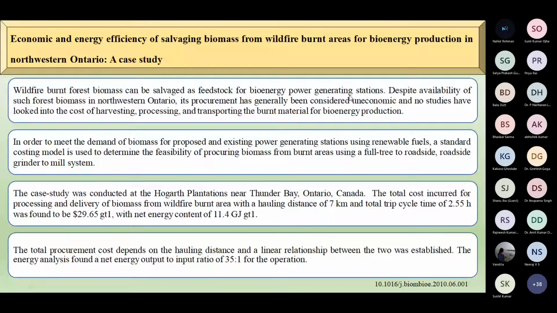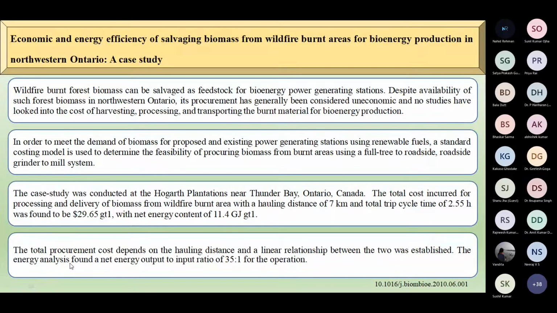This case study was conducted in Ontario, Canada, and the cost incurred for processing and delivering the biomass from the wildfire burnt area with a hauling distance of 7 km and trip cycle time of 2.55 hours was found to be $29.65 per gigajoule with net energy content of 11.4 gigajoule. So you see here the energy analysis which was done.